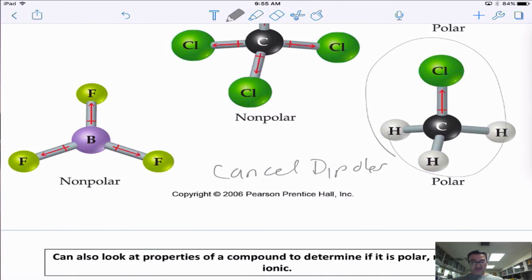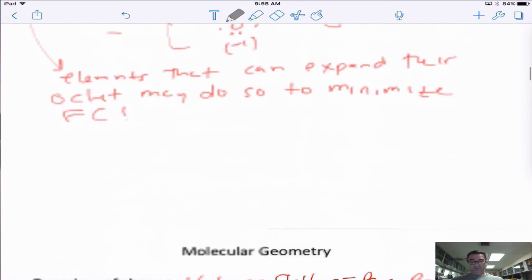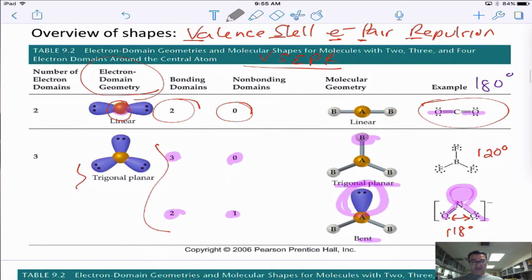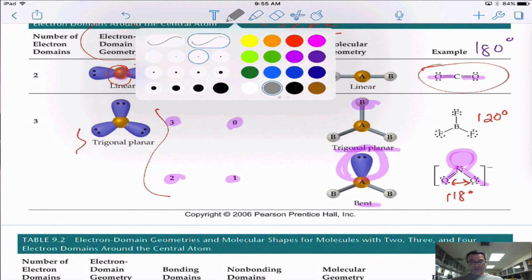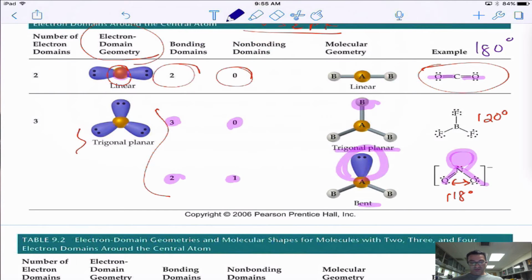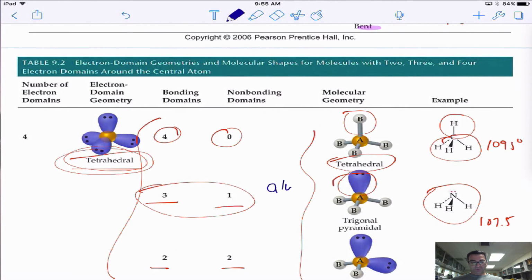I just want to take a quick look at this chart right here and run through which geometries are always polar. Back to the molecular geometry case, you will always be polar. Let me just change this to blue. Something that's bent, always polar, has that lone pair. Something that is trigonal pyramidal, always polar, has that lone pair.